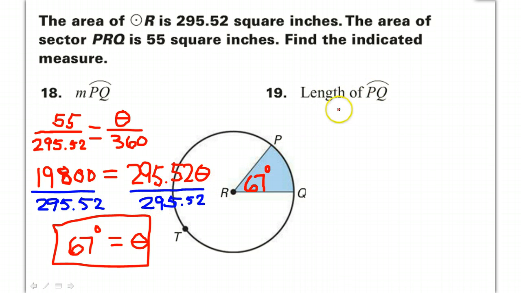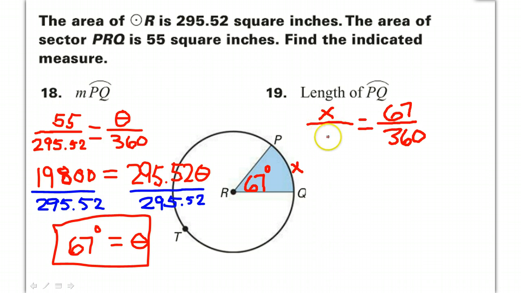So we should be able to find this length the way we used to, by doing part over whole equal to part over whole. On the right-hand side, we can do 67 over 360, and we'll let x represent the partial length, the arc length that we're looking for.